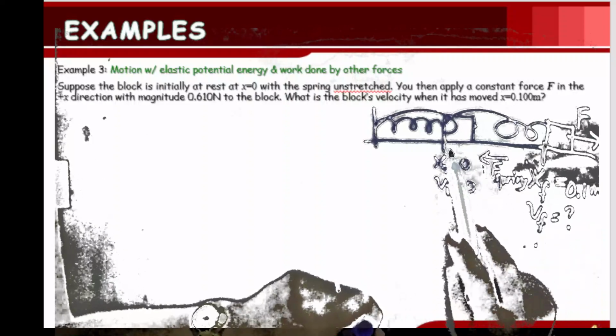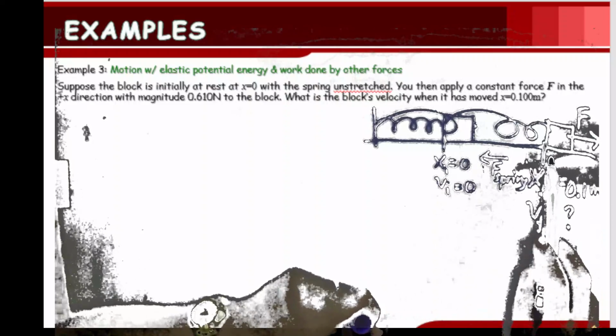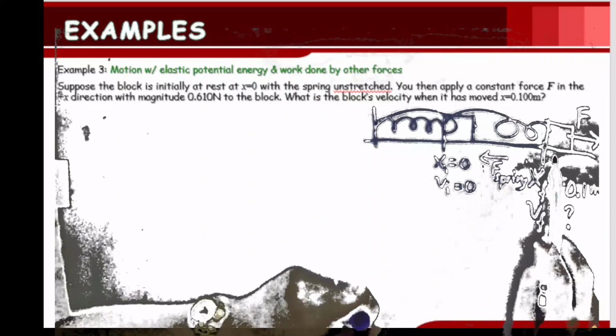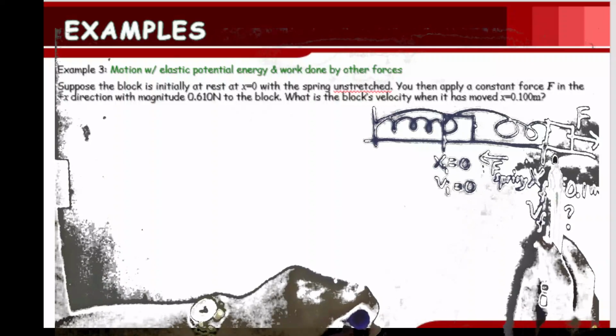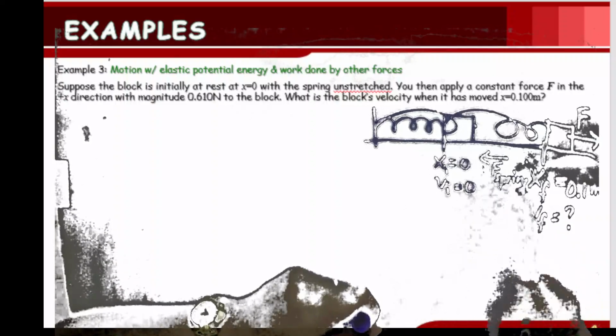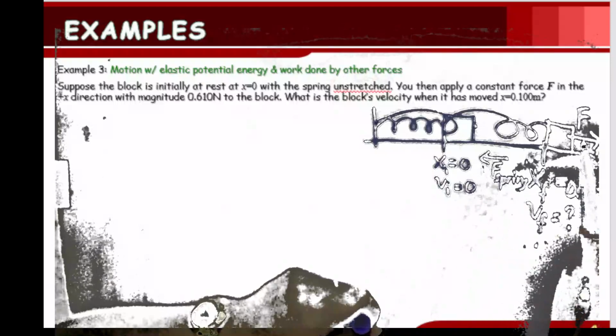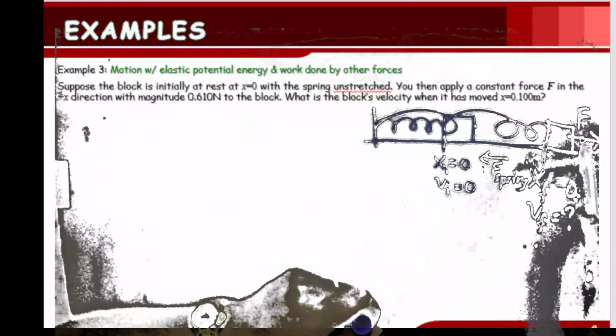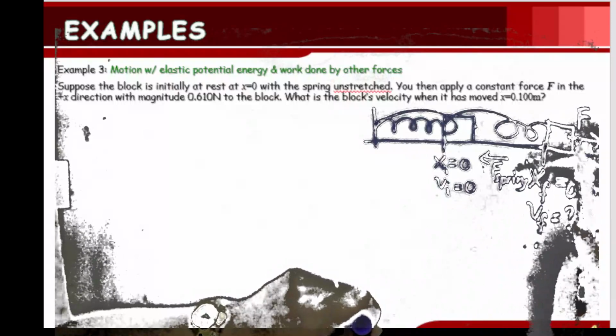Again, from the initial position to your final position, is mechanical energy conserved or not? No. Very good, because it is not only the elastic force doing work, there is also work done by that other force. So we have work other.